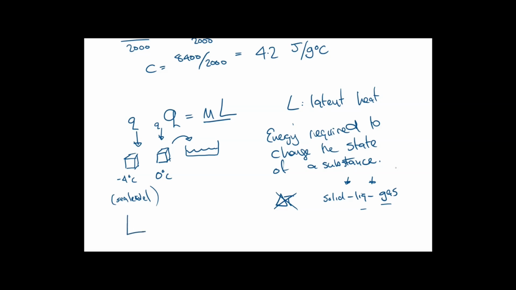And also, if we have liquid and we want to turn it into gas, representing gas by the molecules floating around in a container here, and this is water, we need to bring it to 100 degrees Celsius, and it's going to stay at 100 degrees Celsius.